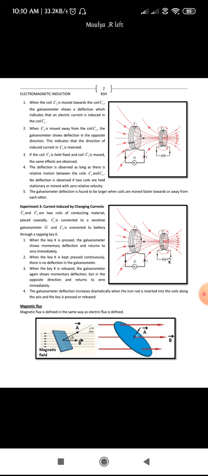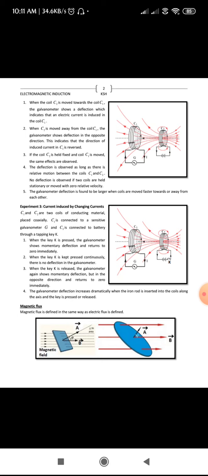Since the current increases by step, that is 0.5, 1, 1.5, 2, the magnitude of current is varying, so there is a change in magnetic flux. After some time the current becomes saturated in the circuit.